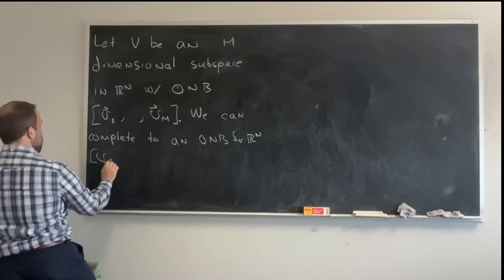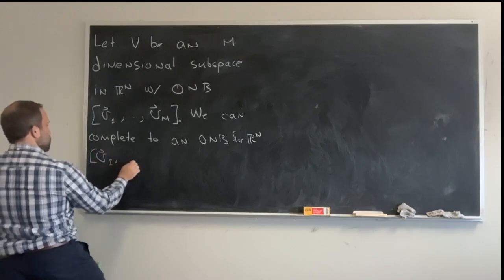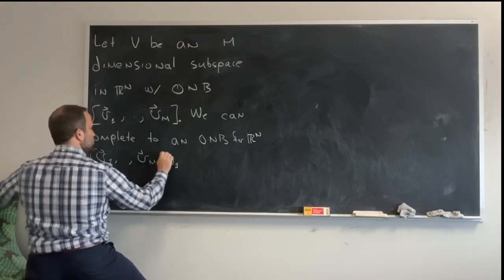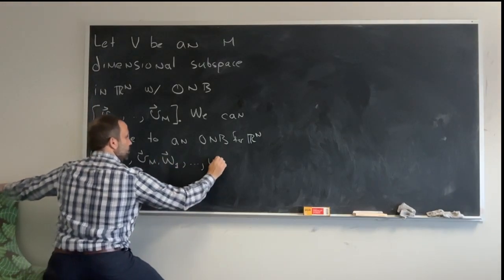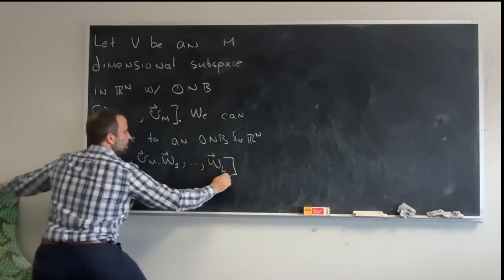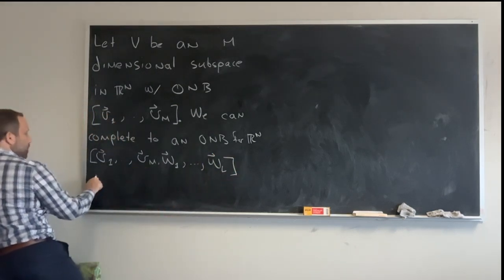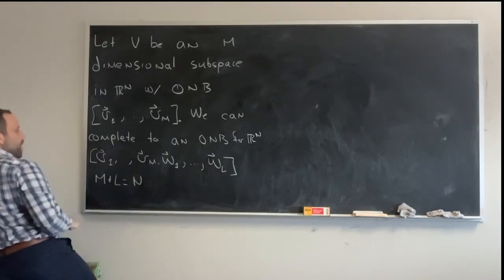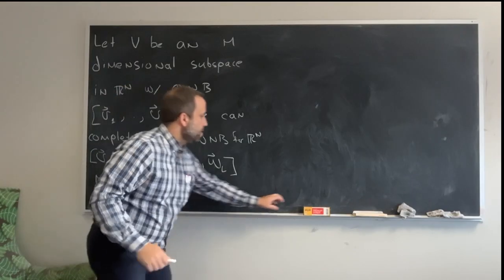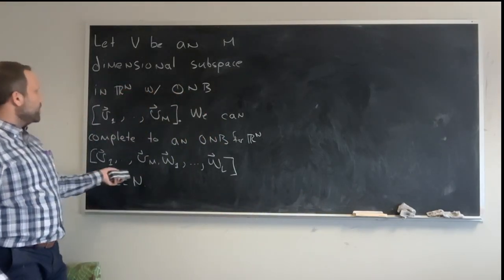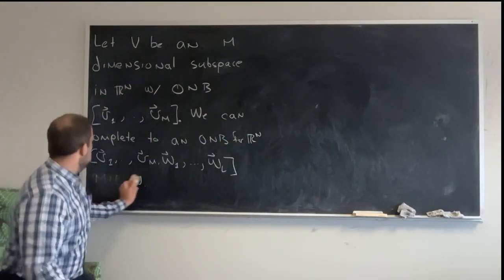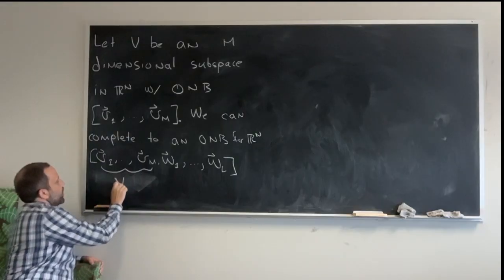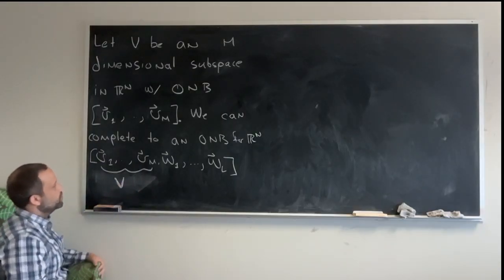So we're going to have our vectors v1 through vm, and then I'm going to add the other vectors w1 through wl, where m plus l is equal to n. The vectors v1 through vm are an orthonormal basis for the vector space V.